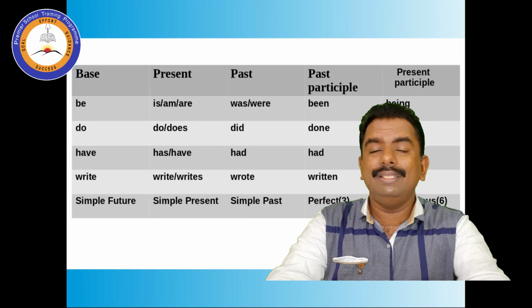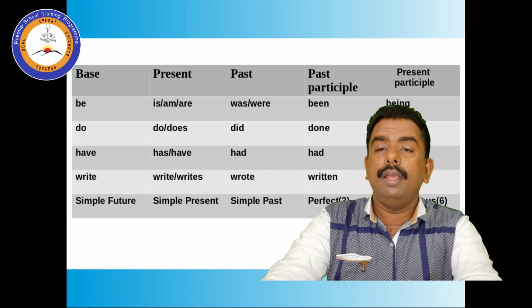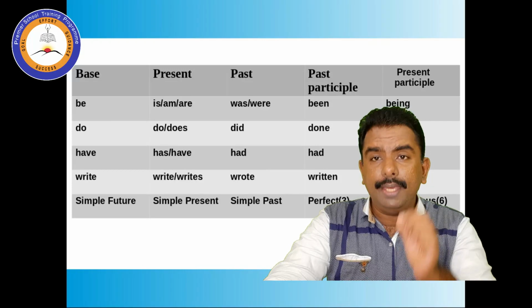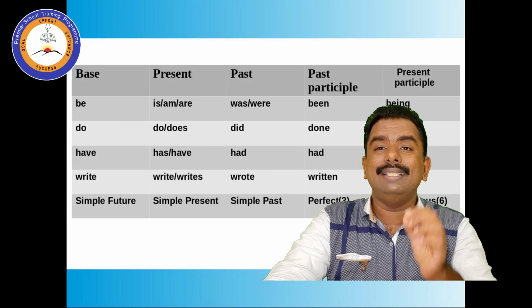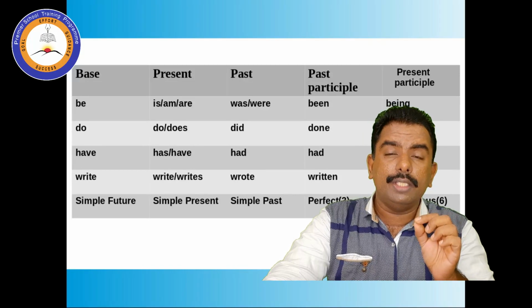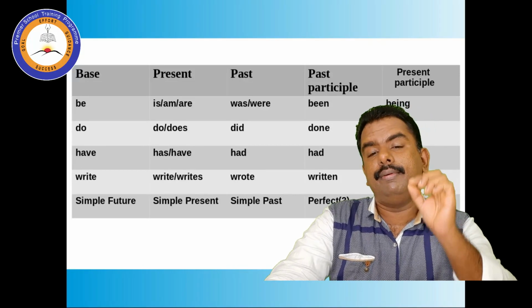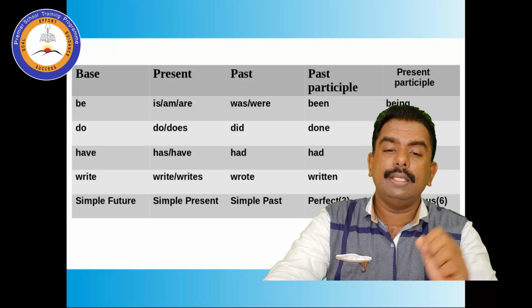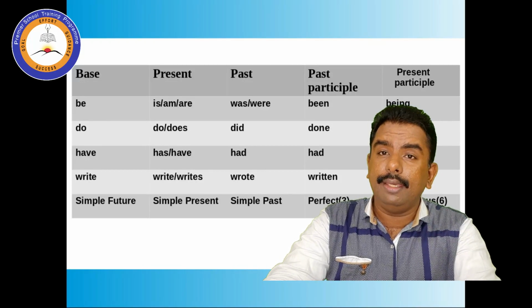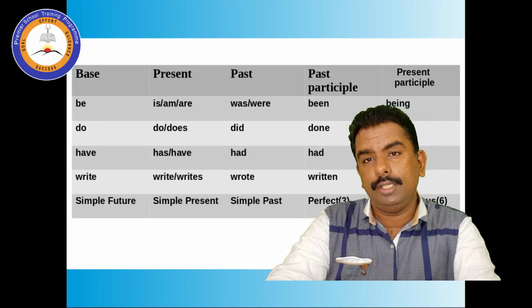Here, we will discuss in detail the first verb, verb be. The base form is be. Present form is is, am, are. Past form is was or were. Past participle form is been. Present participle form is being, B-E-I-N-G, being.